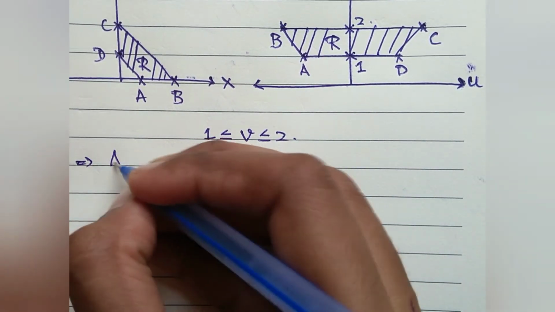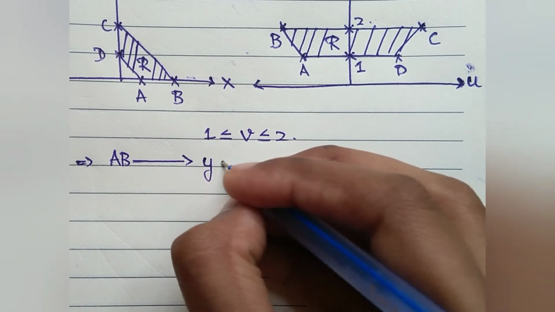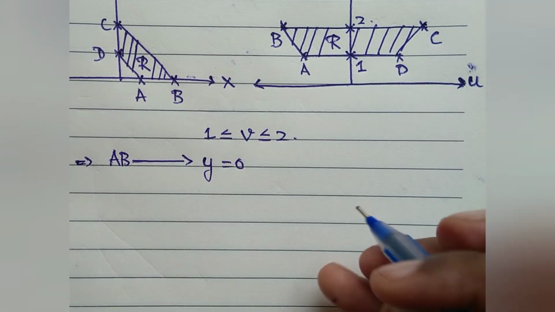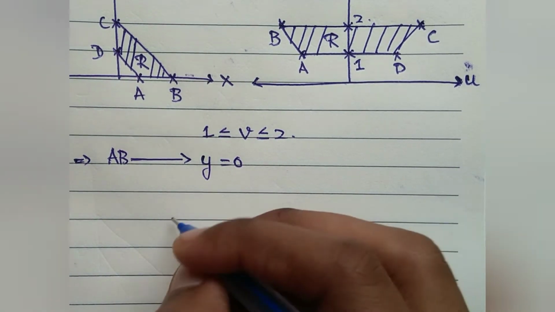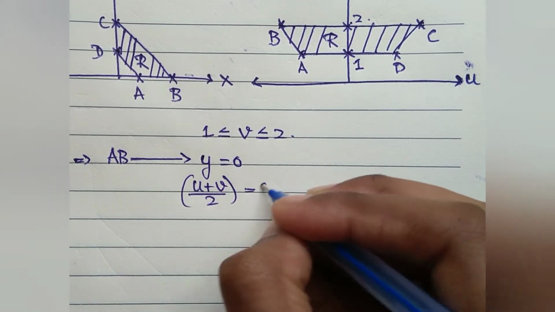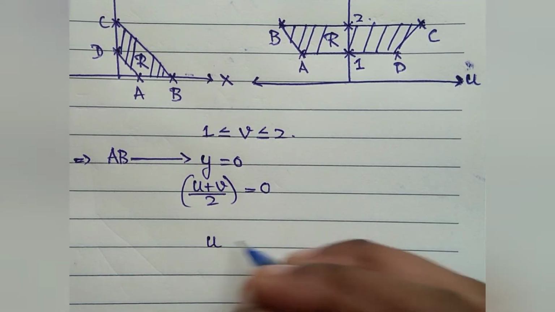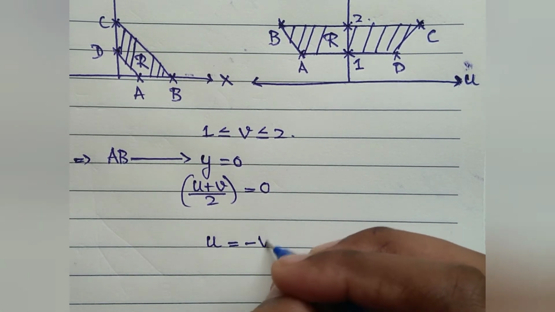So for AB, we can write that y equal to 0. And from the previous equation, we can see that y, which is (u plus v) by 2, is equal to 0. So we can write u is equal to minus v.